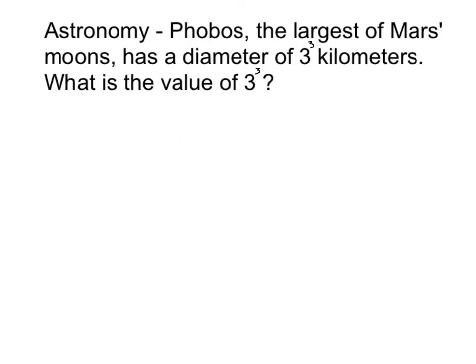Let's look at a word problem. Astronomy. Phobos, the largest of Mars's moons, has a diameter of 3 to the 3rd kilometers. What is the value of 3 to the 3rd? If we have 3 to the 3rd, we know that's going to be 3 times 3 times 3, because 3 is our base.